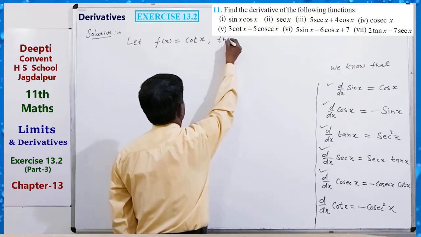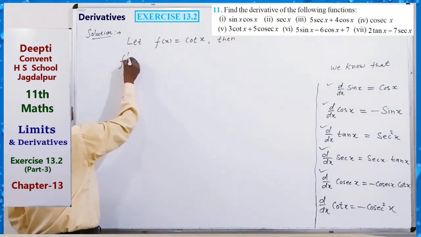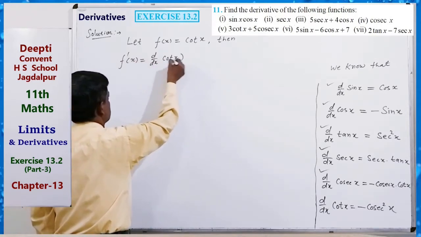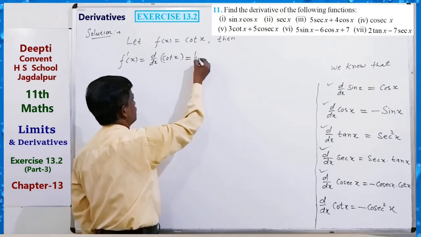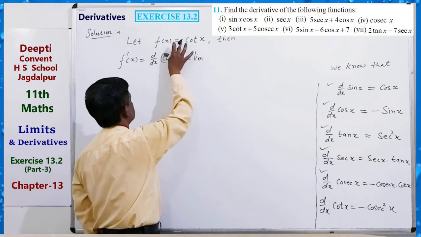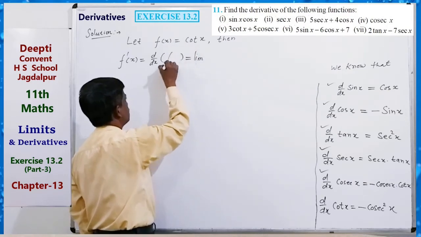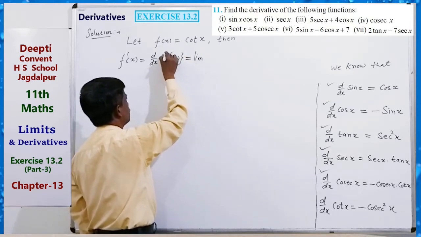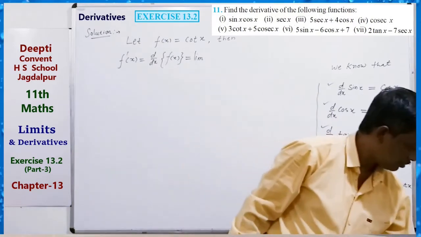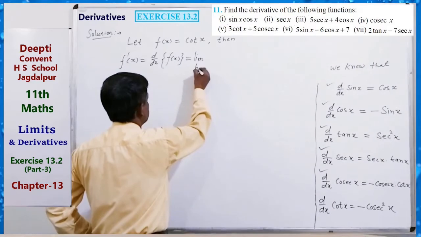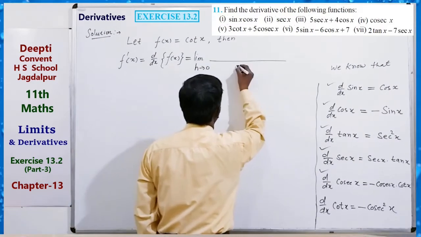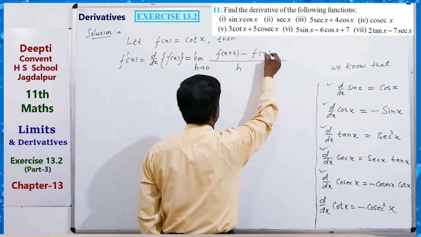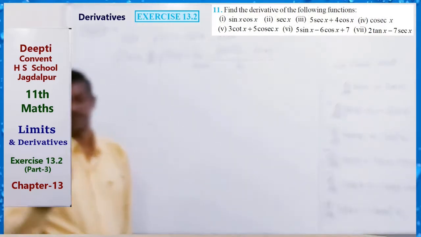Let this be, then f dash x equals d by dx of cot x, the limit where you write f(x) and so on, h tending to 0. This is the first principle method.